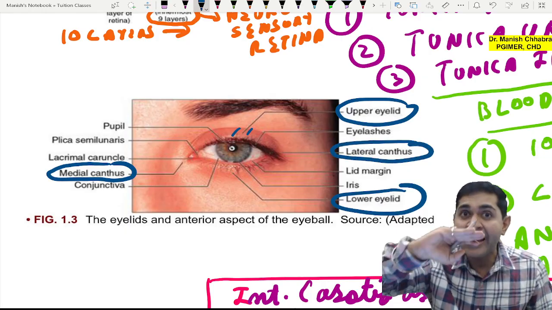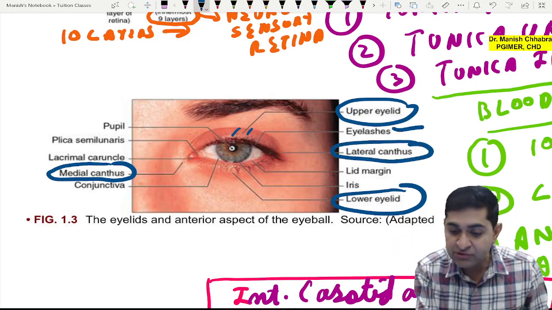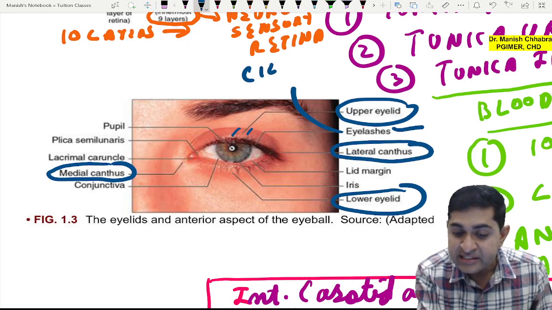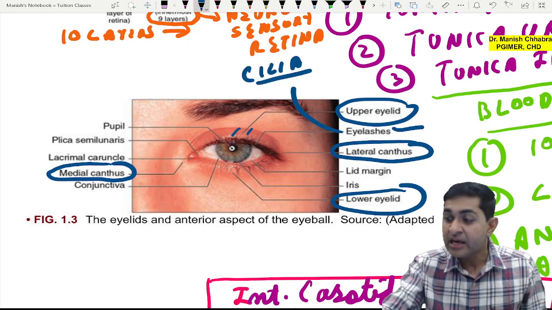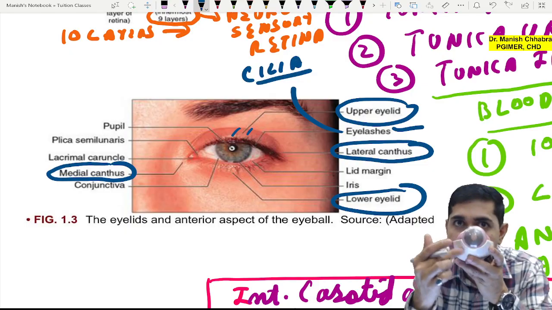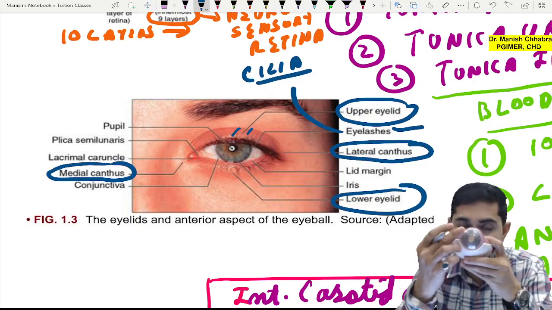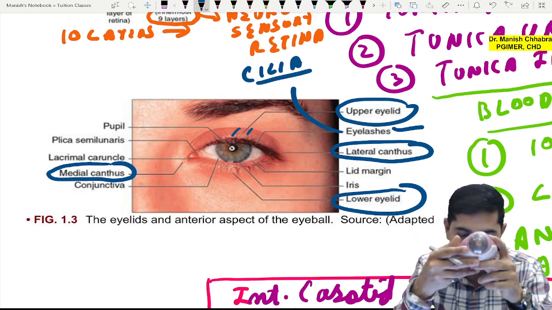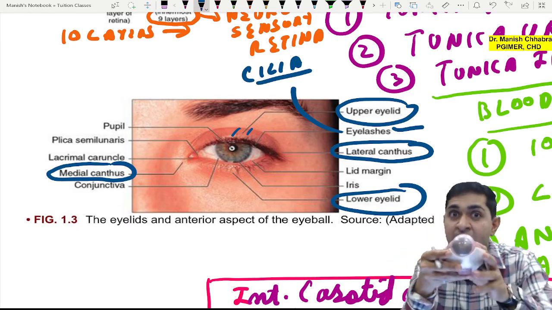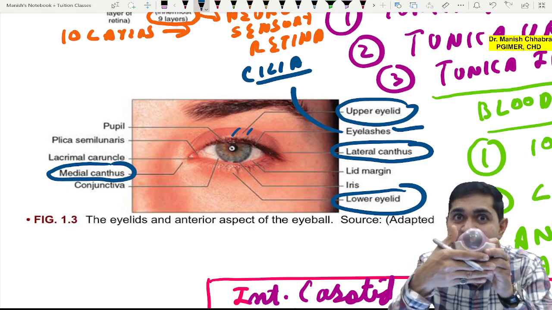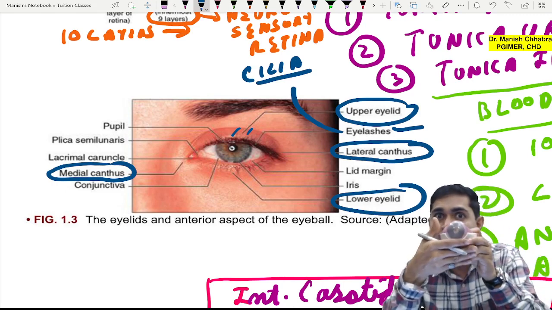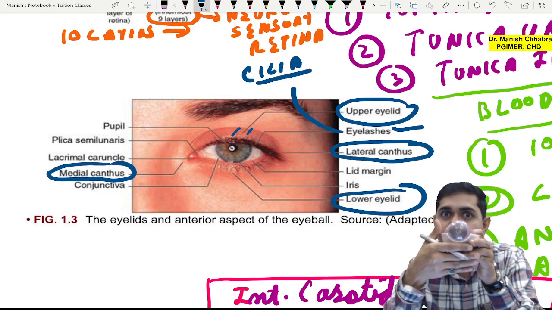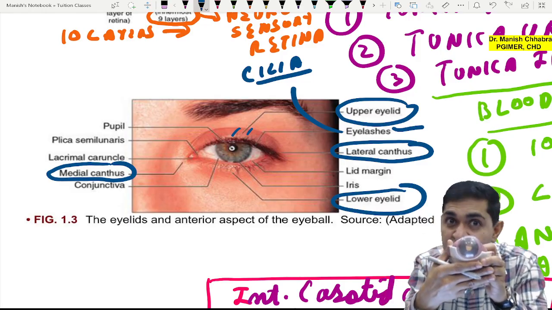And at the eyelid level, there are eyelashes which you also call cilia. If we talk about the eyeball, you can see that the sclera part is visible and the central part which is visible is the cornea. Now there is a transparent sheet present over the bulbar region of the eyeball, that is conjunctiva.